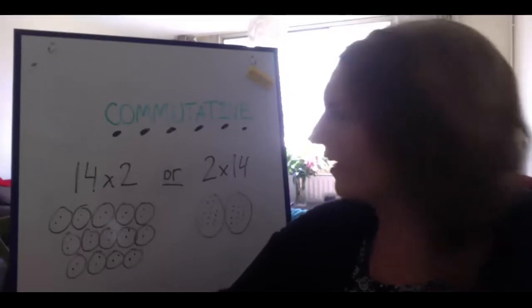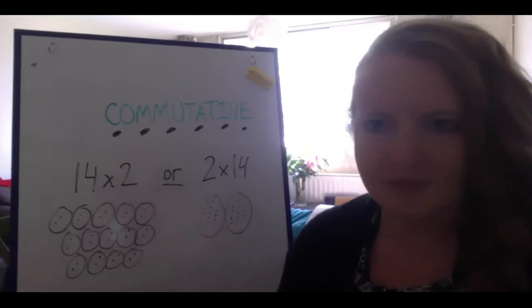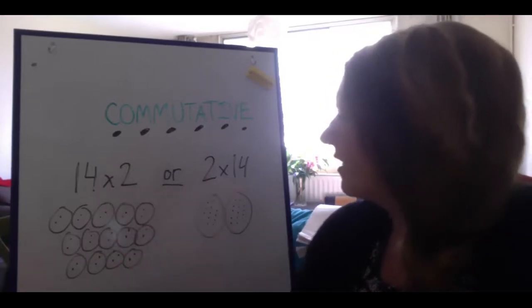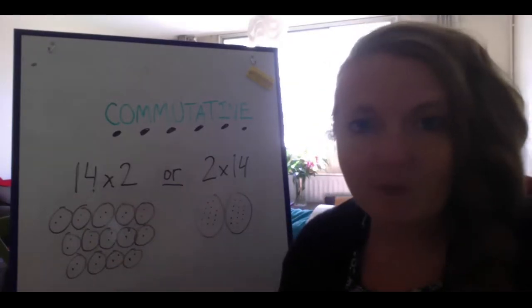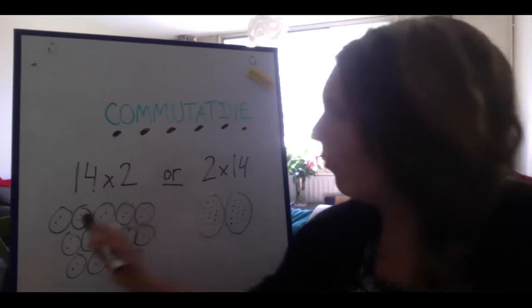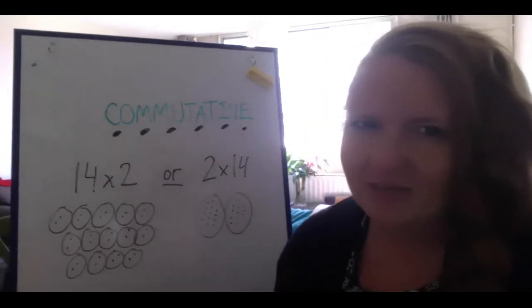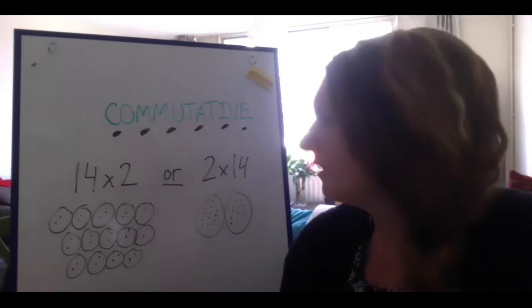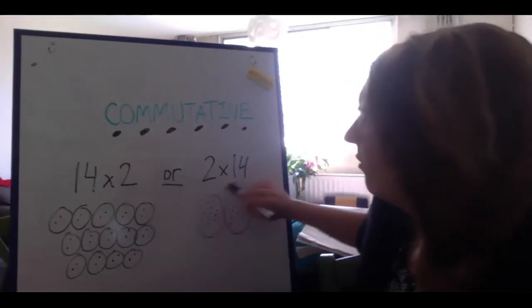So this is showing it in a different way now. I've now taken 14 times 2 and shown its commutative, 2 times 14. So this first equation is saying 14 groups of 2. I've actually drawn out 14 groups of 2, and it has taken me a bit of time, and my 14 times tables are not that great. But then I can think about it, well, what is 2 groups of 14?